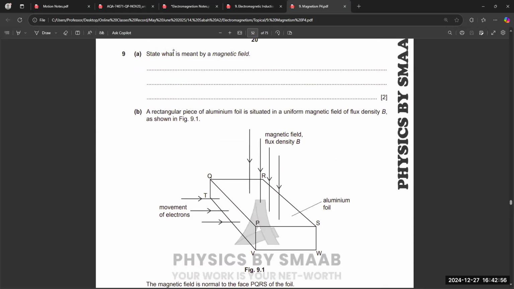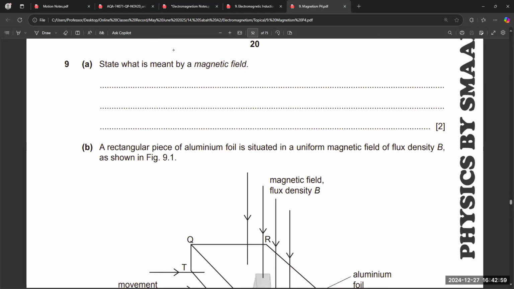Okay, so this is the question related to the Hall probe.